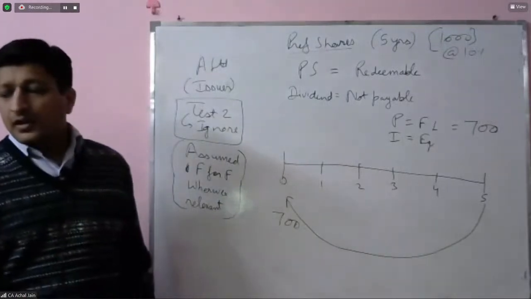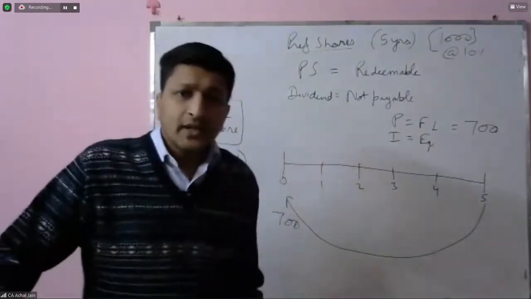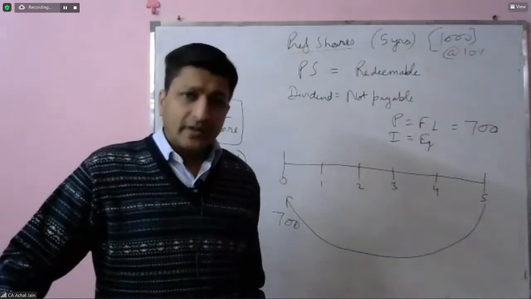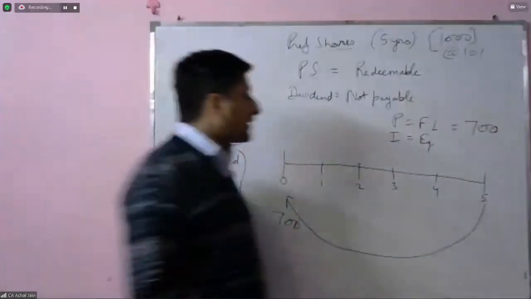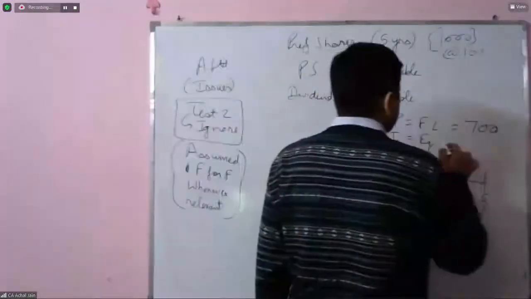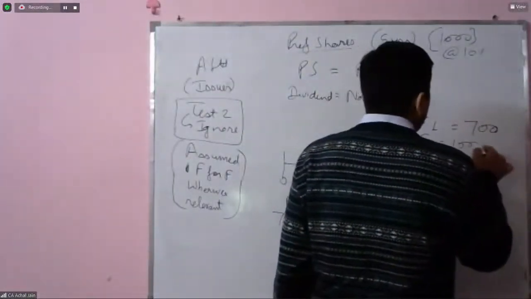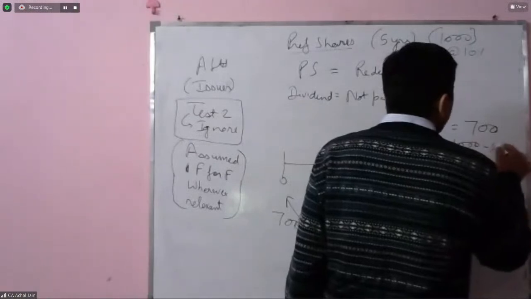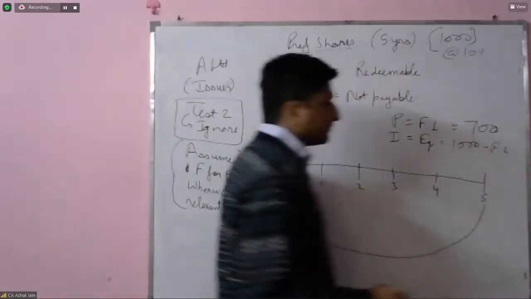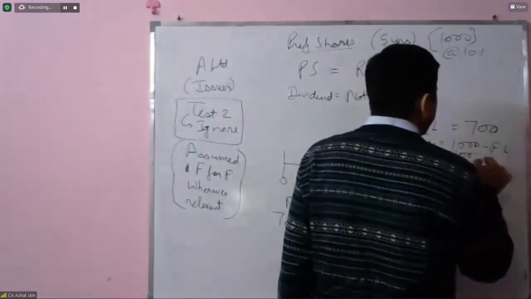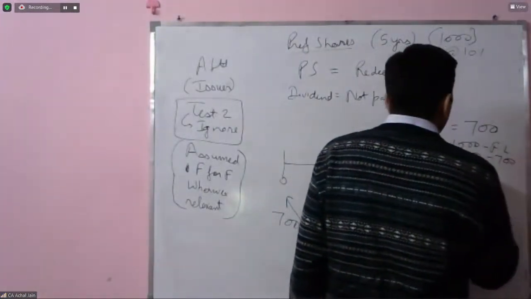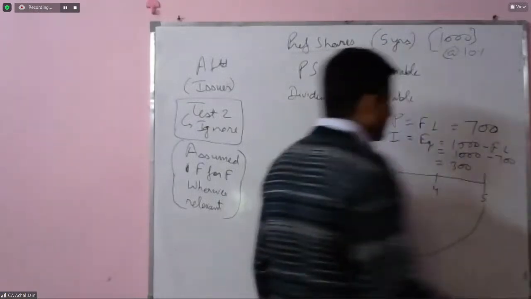Standard says for measurement of equity, the residual amount should be taken. Means from the total value of the contract, reduce the value of financial liability. That means 1000 minus 700, and that will become the value of equity.